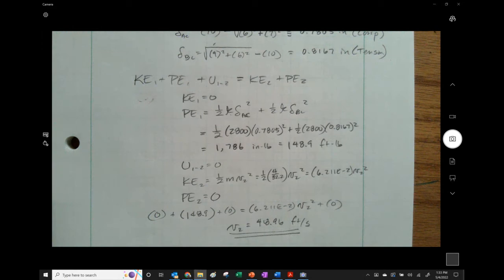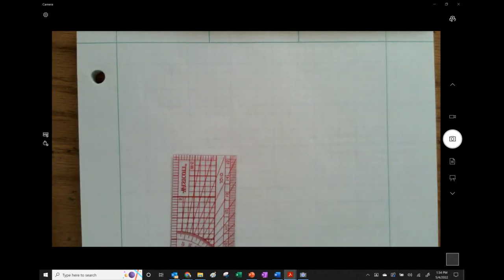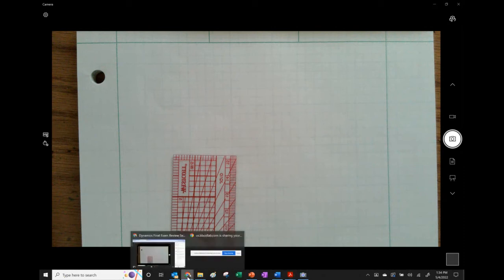So, let me see. Pulling up the book in case someone wants some other choices of difficult problems. A lot of times it's good to swing a heavy baseball bat. So when you get up to the plate, instead of having a heavy baseball bat, you pick up a lighter baseball bat, and boy, it feels so much lighter because you were swinging a heavy baseball bat. And that's like when you're doing problems sometimes. Although I'm trying to open this thing up and my computer is now stalled. I wonder if you guys are still there.